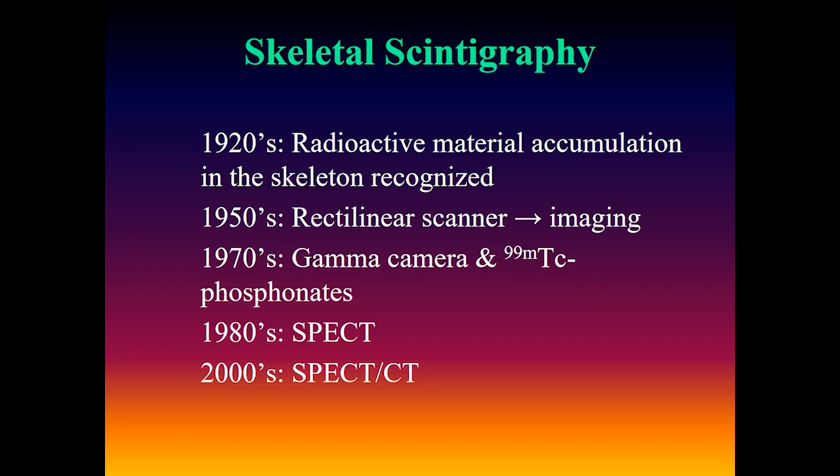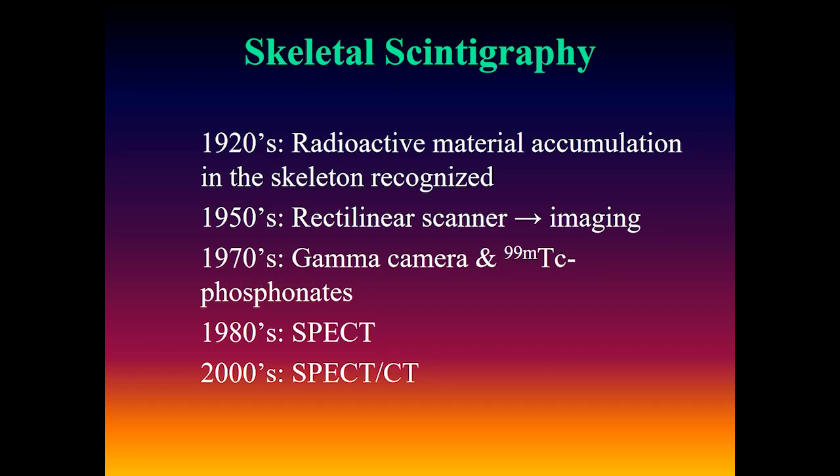It was first recognized nearly 100 years ago, in the 1920s, that radioactive material accumulates in the skeleton. In the 1950s, with the development of the rectilinear scanner, it was possible to image the skeletal system.